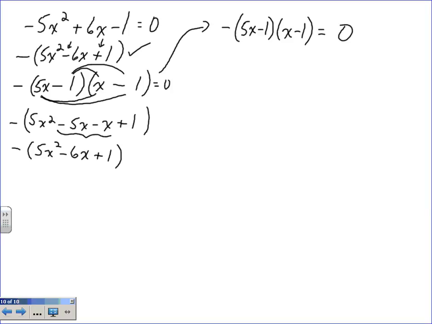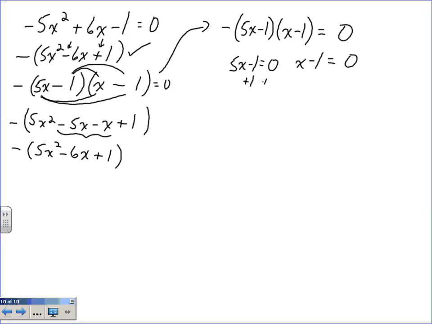What do we do with the negative on the outside? Nothing. Nothing. Either 5x minus 1 equals 0 or x minus 1 equals 0. And we solve those two equations.